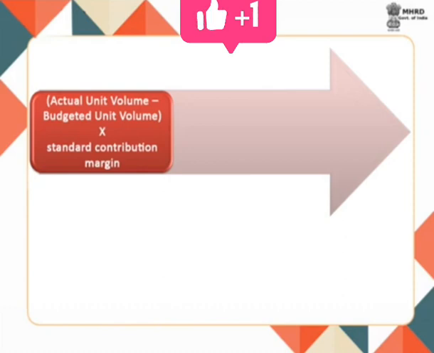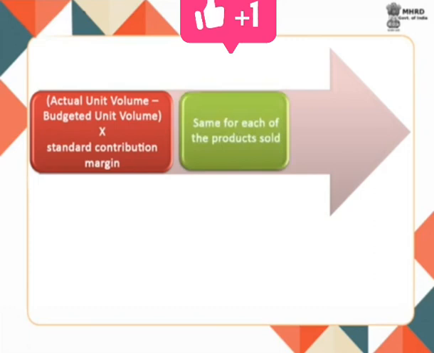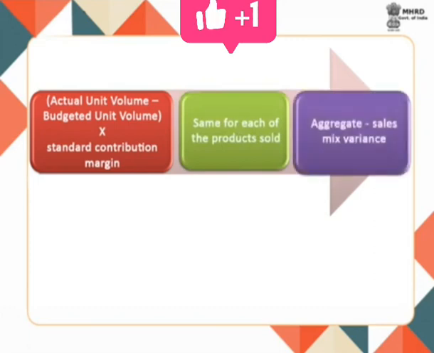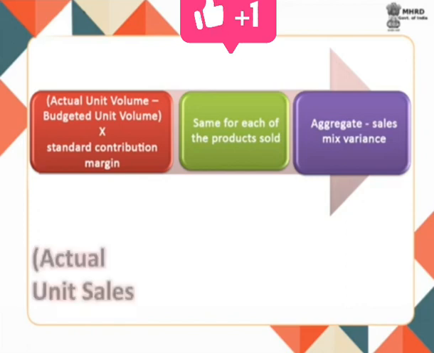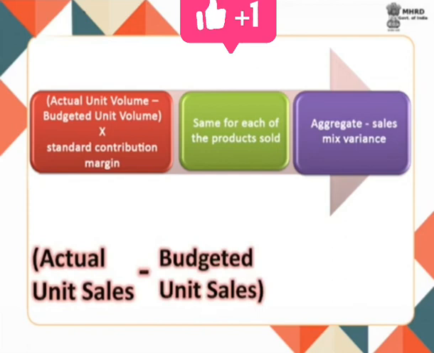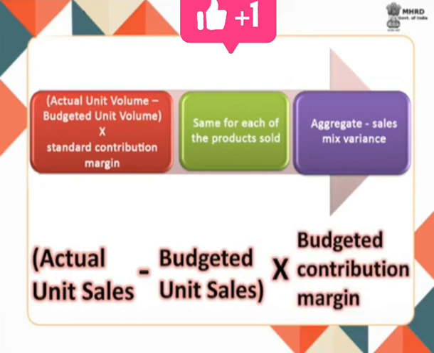Number 2, do the same for each of the products sold. Number 3, aggregate this information to arrive at the sales mix variance for the company. The formula being actual unit sales minus budgeted unit sales multiplied by budgeted contribution margin.